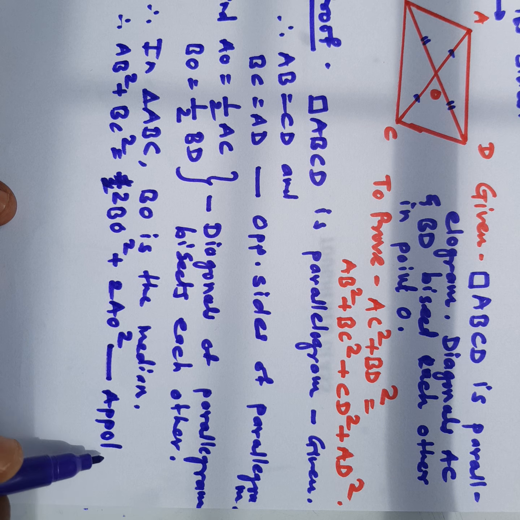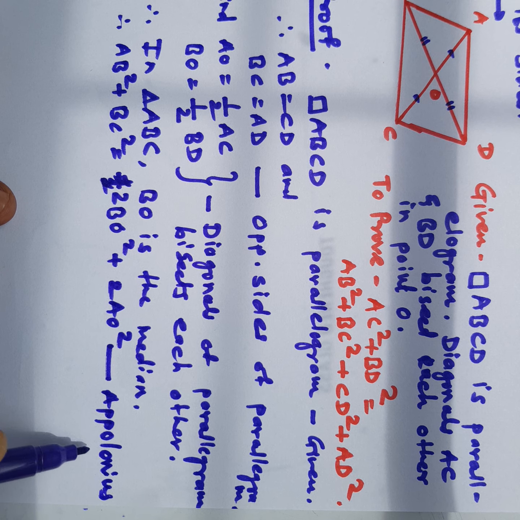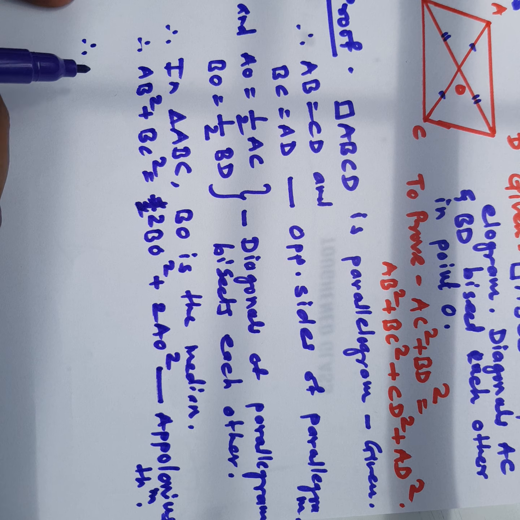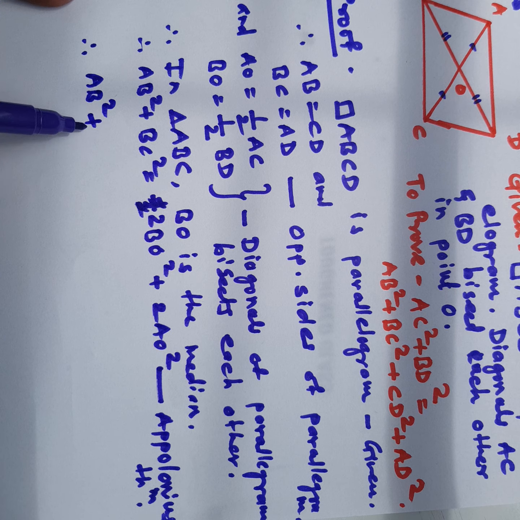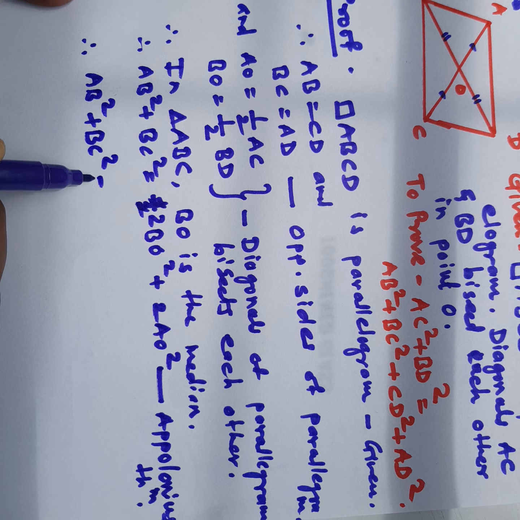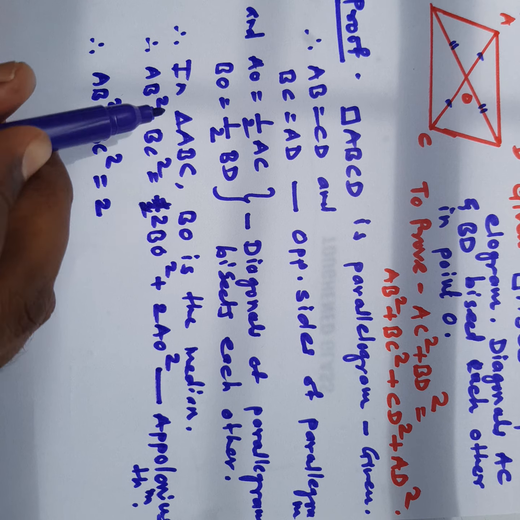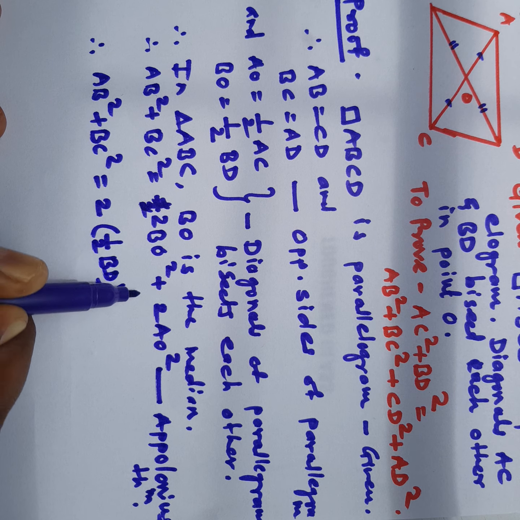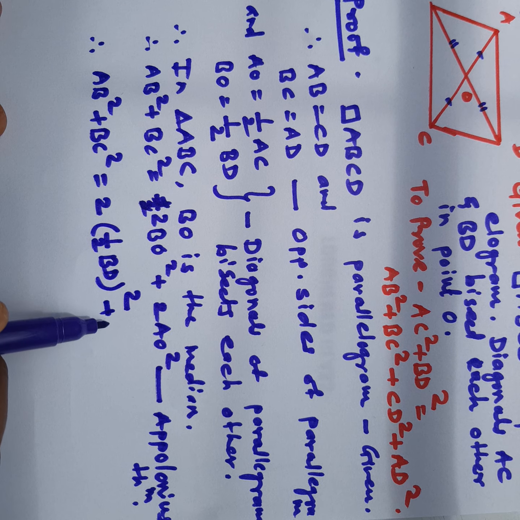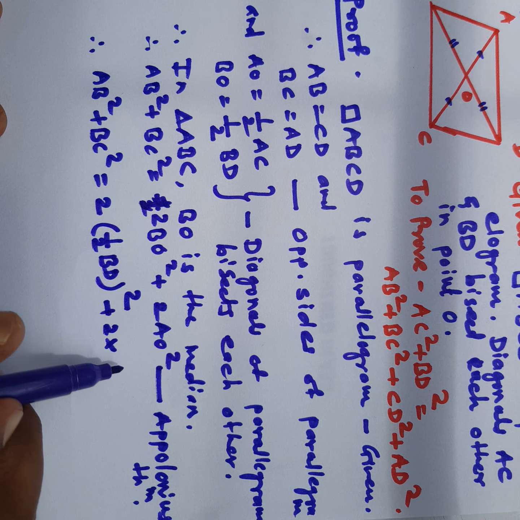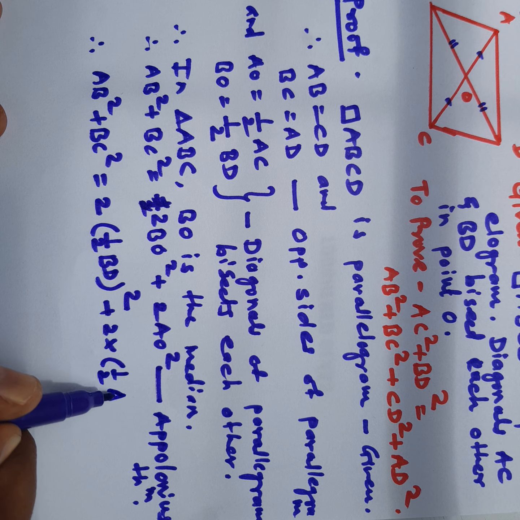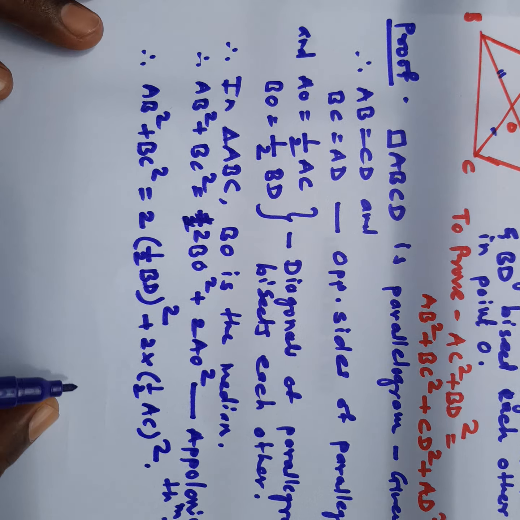It is Apollonius theorem. Therefore AB square plus BC square is equal to 2 into BO, that is 1/2 BD bracket square, plus 2 into AO, that is 1/2 AC bracket square.